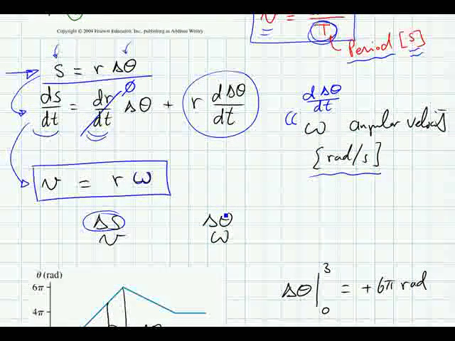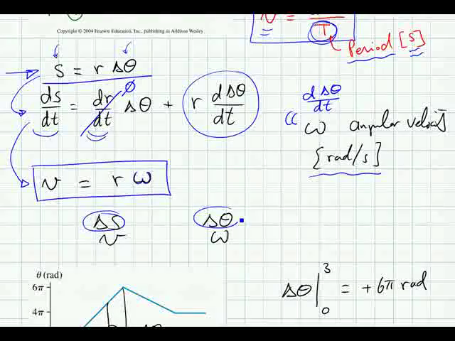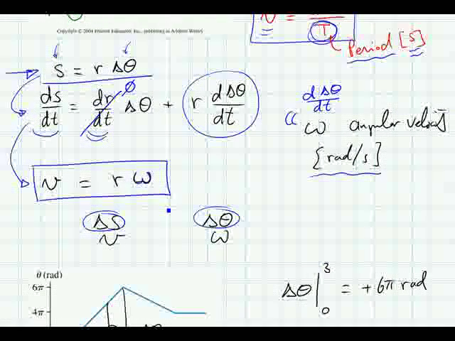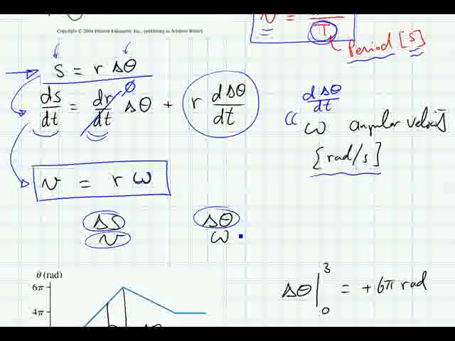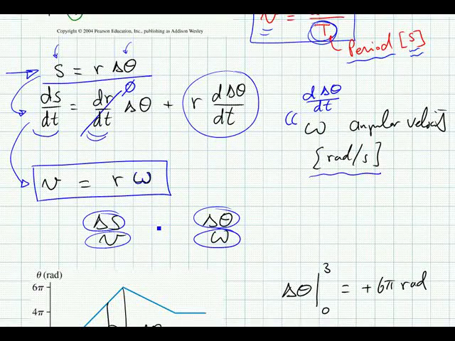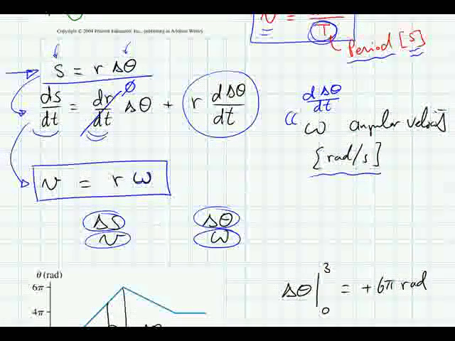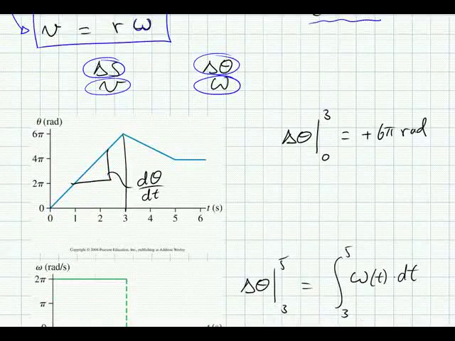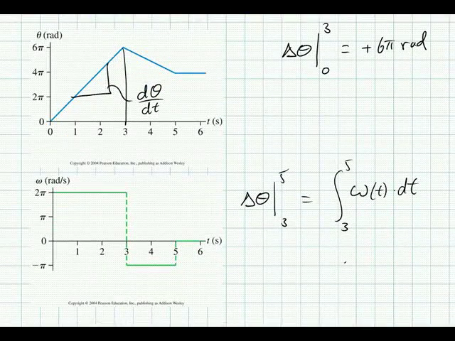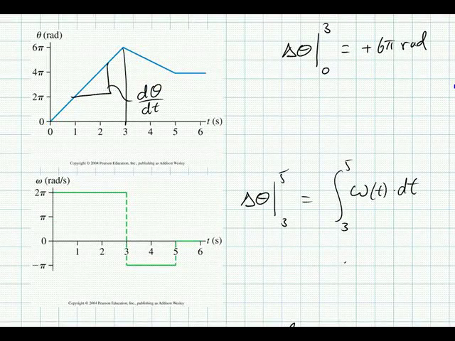In the angular or circular universe, we have delta theta, angular displacement. In the linear universe, we had linear velocity v. In the circular universe, we have angular velocity omega. So all the equations and all the tricks that you've learned in the case of linear motion, you can now apply to circular motion.